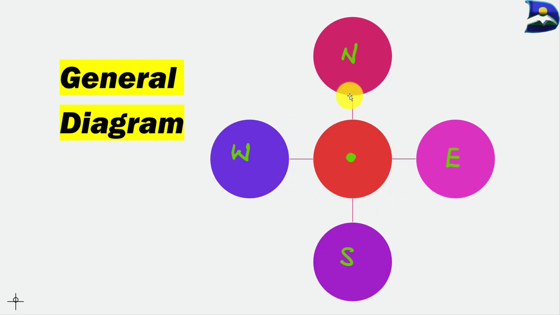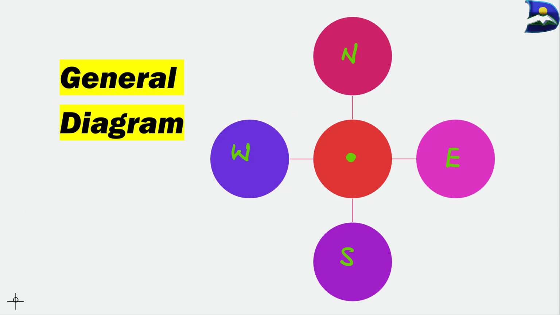Whichever way you start, some particular fields of study start from this line here and make the round trip going counterclockwise. Some start here and move clockwise, some start at north, and for the purpose of this video we're going to start with north.